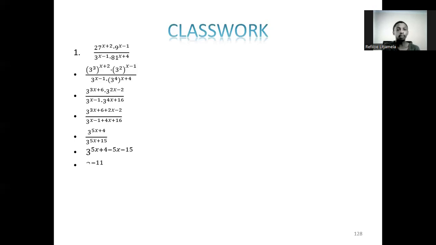So we have 3 to the exponent of minus 11. So you're going to take 3 to the exponent of 11 to the denominator and put 1 as a numerator, which will give you 1 over 177,147. Okay, that's your answer.